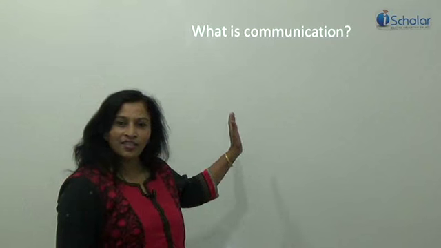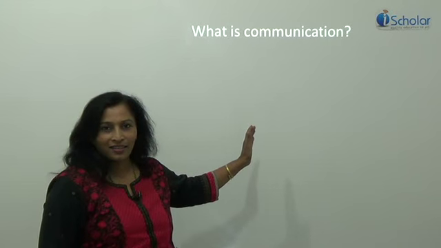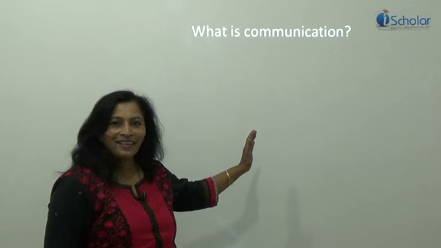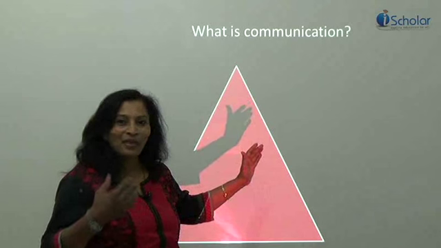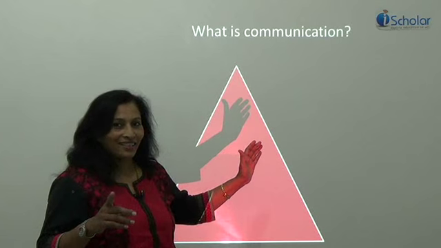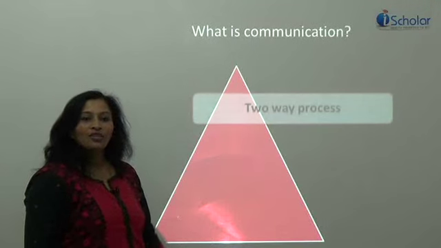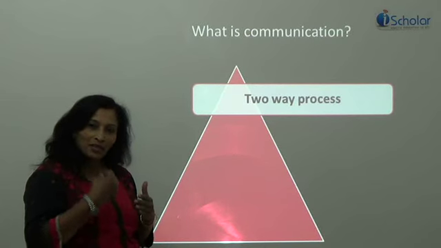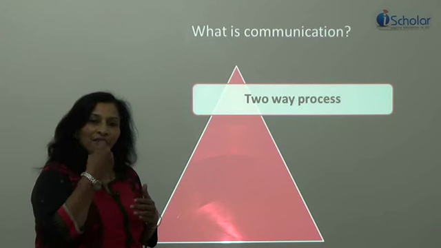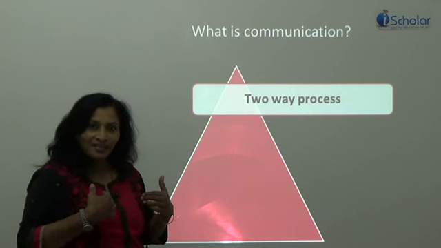First thing that strikes all of us is, what is communication? Okay, simple thing. We'll say that right now I'm communicating with you, you're communicating with me. Not really. Communication has to be a two-way process. There has to be a person who is speaking, and that person sends a message and I receive that.